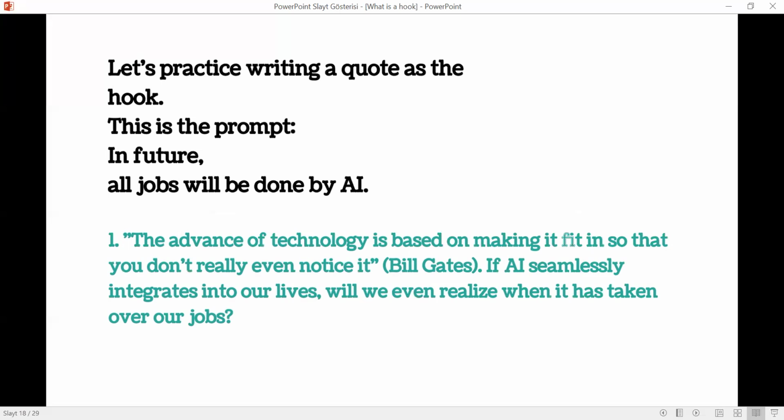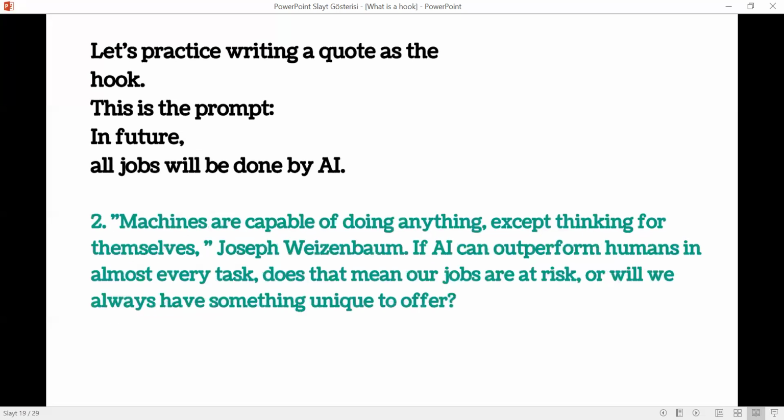The advance of technology is based on making it fit in so that you don't really even notice it. Bill Gates. If AI seamlessly integrates into our lives, will we even realize when it has taken over our jobs? Number 2, machines are capable of doing anything except thinking for themselves. Joseph Weizenbaum. If AI can outperform humans in almost every task, does that mean our jobs are at risk?